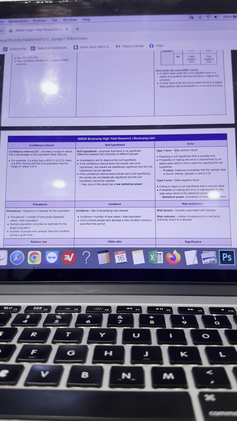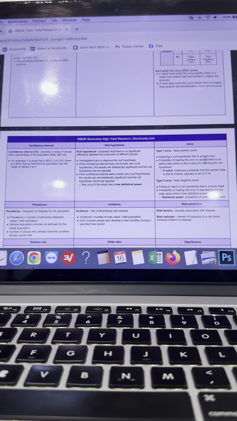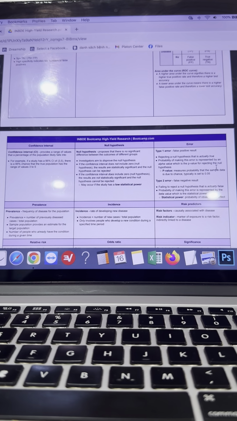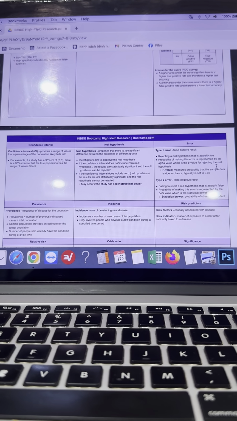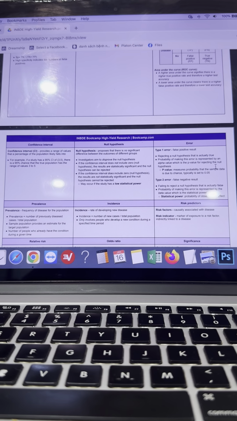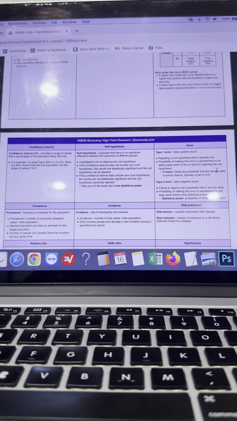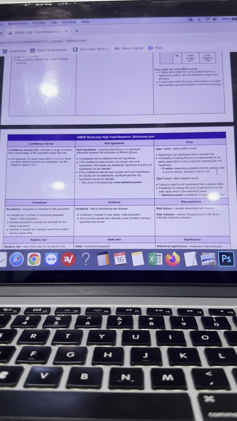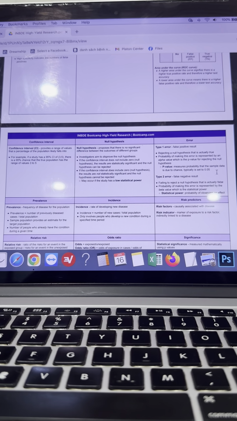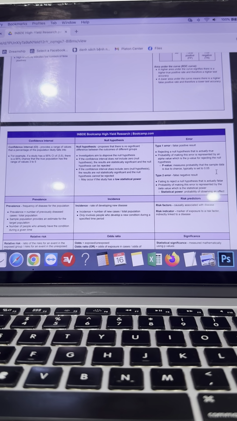Type 1 error is a false positive result: rejecting the null hypothesis that is actually true. The probability of making this error is represented by the alpha value, with a p-value for rejecting the null hypothesis. The p-value measures the probability that the sample data is due to chance.